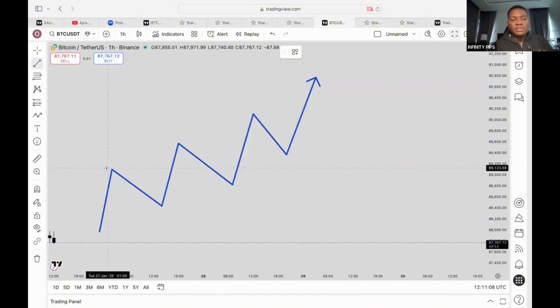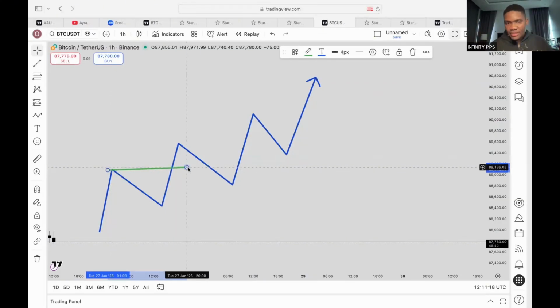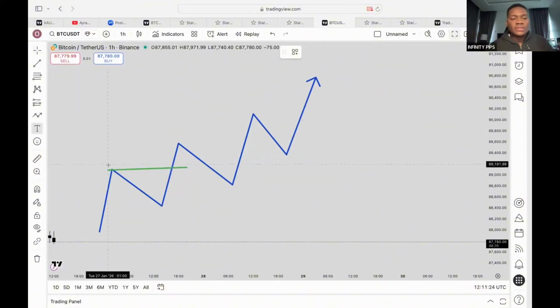Break of structure simply means when the market breaks an area that was the previous major high. I'm going to write it out here: this was the PMH, the P there is for previous, so this was the previous major high.